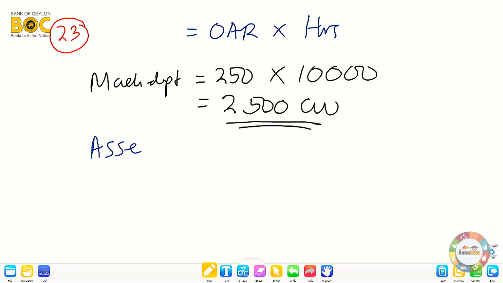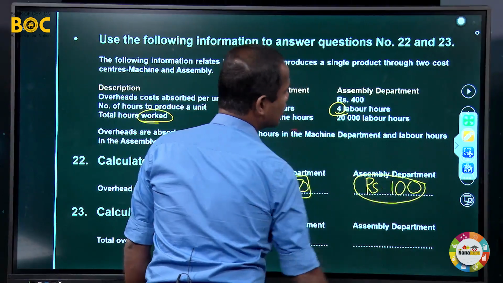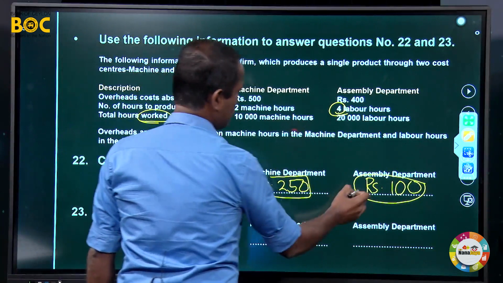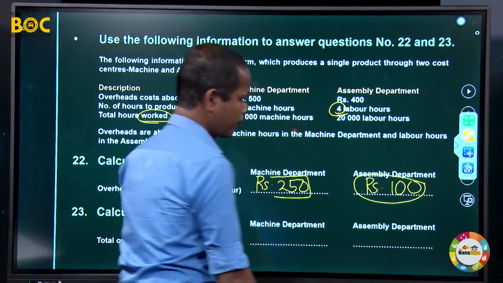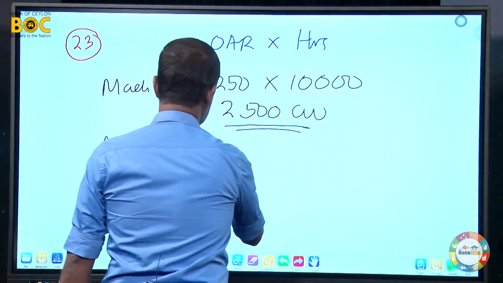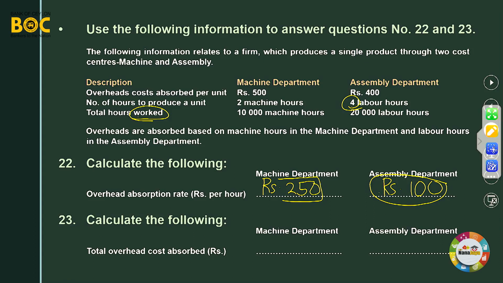Then we have the assembly department. The assembly absorption rate, how much did we calculate? The assembly absorption rate is 100. That you multiply by actual hours worked, 20,000 hours.